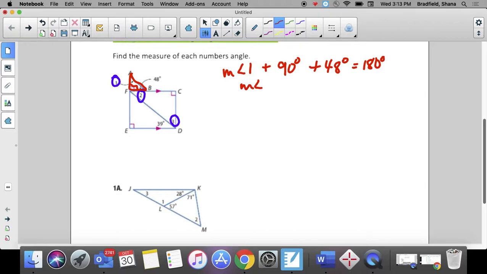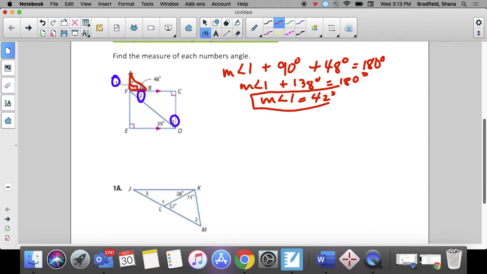So I have the measure of angle 1 plus 138 is equal to 180. Then if I subtract 138, I'm going to get the measure of angle 1 is equal to 42 degrees.